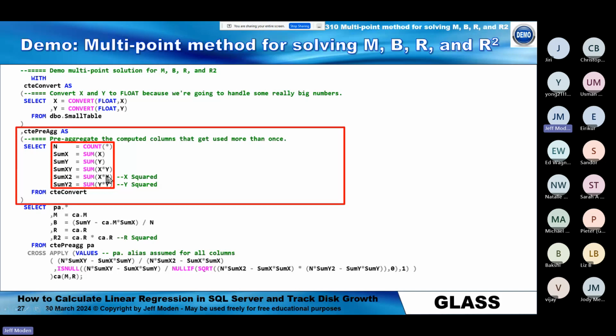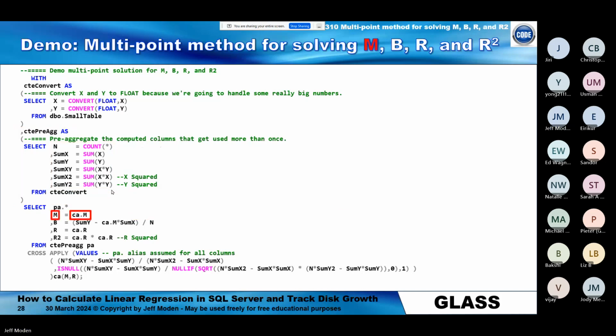How hard is it? X times X. We don't even have to use power here. And the sum of Y squared, which is Y times Y. Super easy to do, and it has dried everything out for our formulas, mostly obviously naming, and again, drying out the formulas that are coming up.